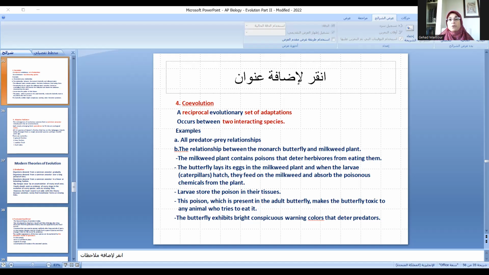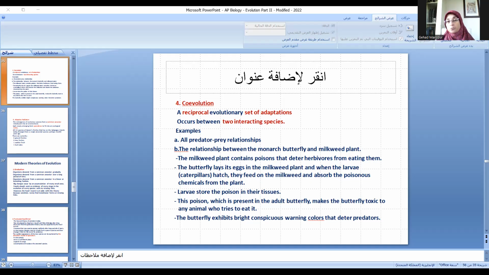Now, the fifth type of evolution, the fifth pattern, is adaptive radiation. Adaptive radiation is a bit similar to divergent evolution because the species develop from a common ancestor, and every species will be lodged in a particular niche, as we said before, where it will be best adapted.